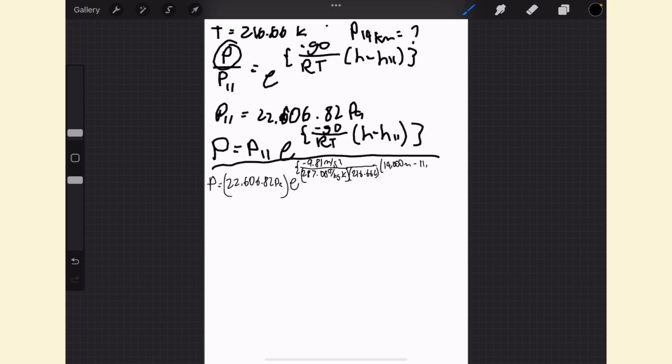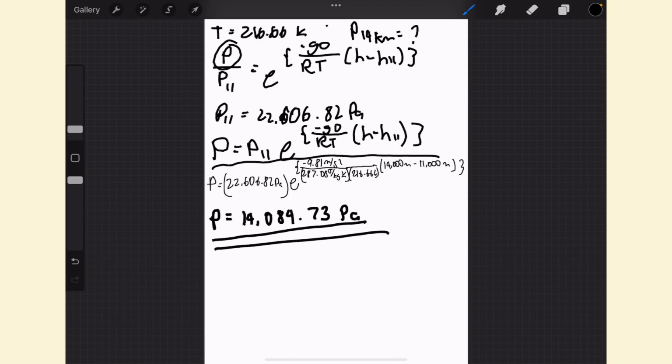Minus 11,000 meters. Kapag plinug lang siya sa calculator, ang ating magiging pressure is equal to 14,084.73 Pascal. So, ayan yung ating pressure.